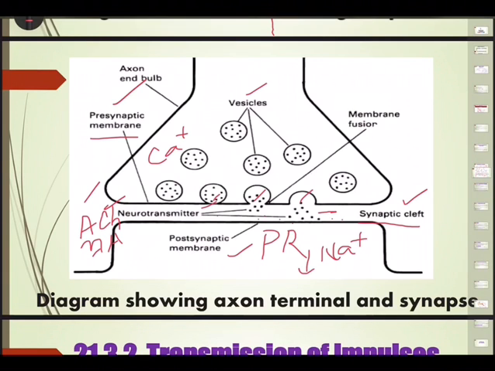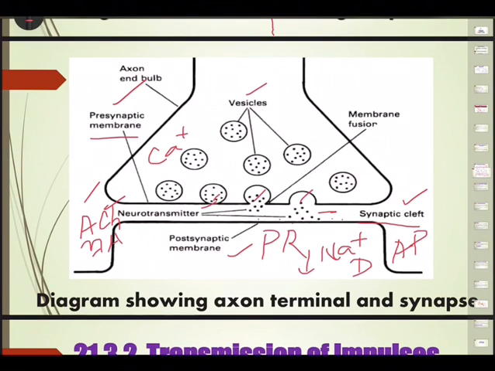And entry of sodium ions into the cell causes depolarization, as I said yesterday, and generation of action potential in the postsynaptic membrane. Thus, the impulse is transferred to the next neuron.